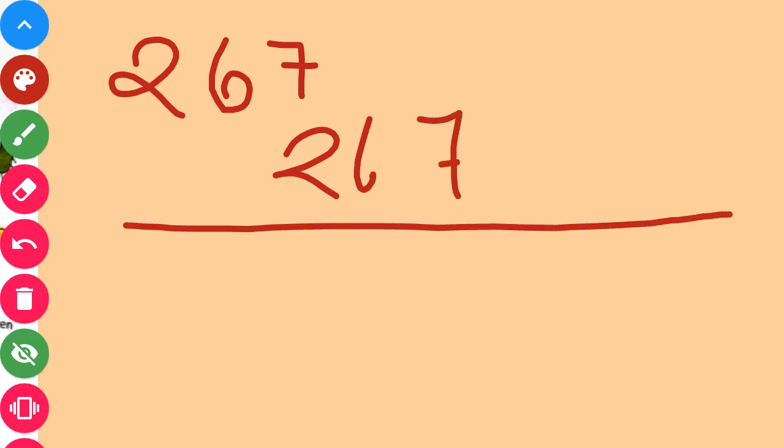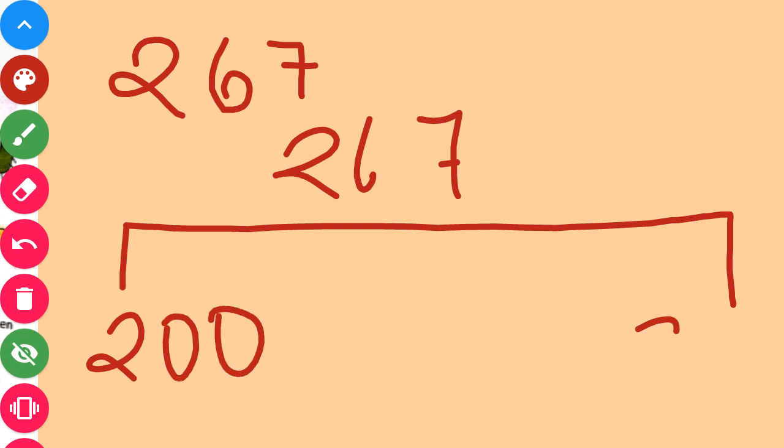Now 267. So 267 comes in between which two hundreds? 267 comes in between 200 and 300. Now let us look at its digit. So which digit will we consider?